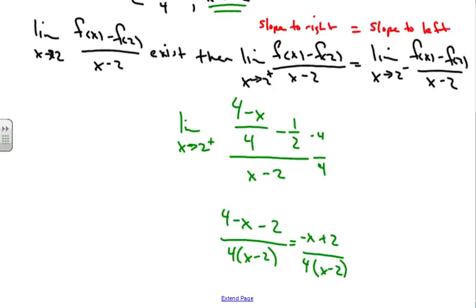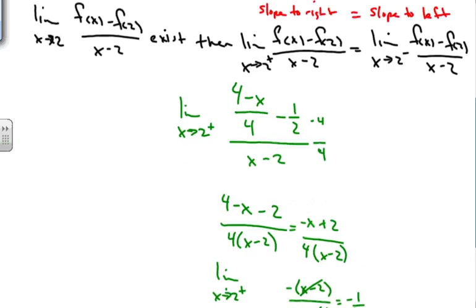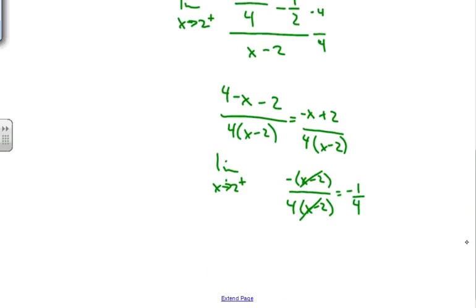You realize that these are pretty close, so we're going to factor out a negative. So we have x minus 2 over 4 times x minus 2. Take the limit as x approaches 2 to the right. We realize we'll get 0 over 0, but cancel that out, and then we're left with negative 1/4. So it appears we have a slope of negative 1/4 to the right.